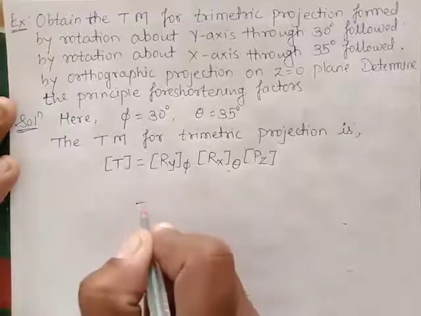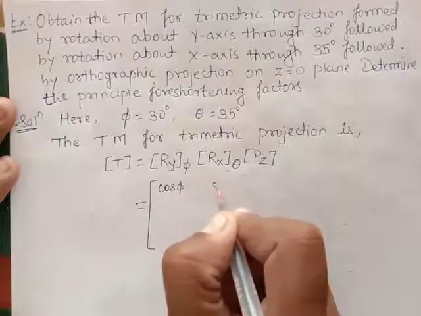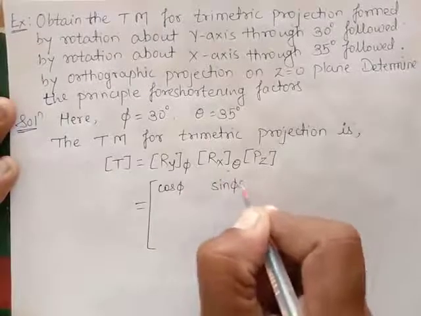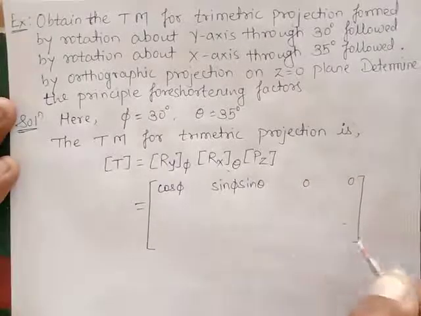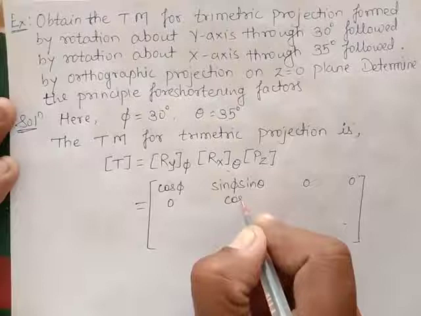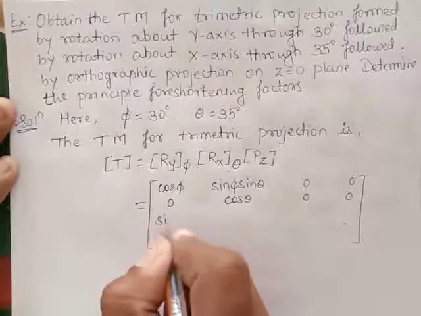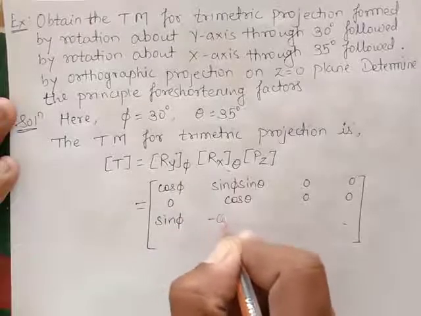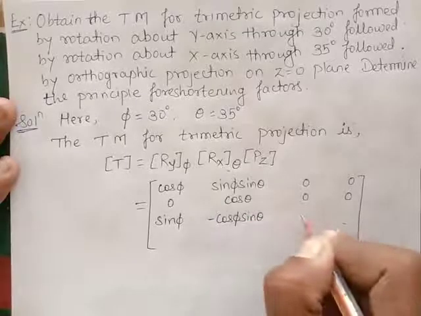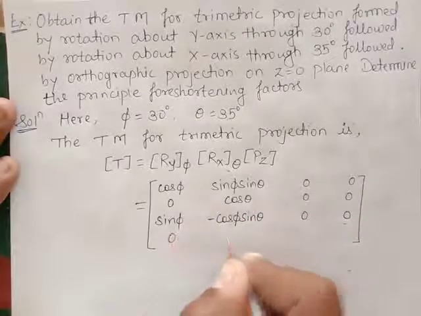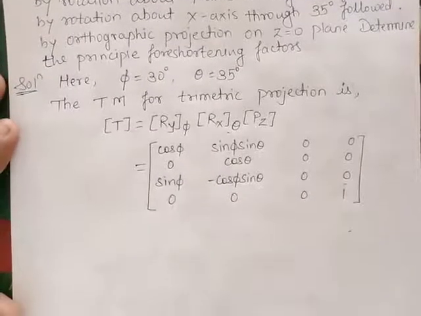We know that matrix is nothing but cos of phi, sin phi sin theta, 0, 0, 0 cos of theta, 0, 0, sin phi minus cos phi sin of theta, 0, 0, 0, 0, 0, 1. Yes, this is our matrix for trimetric projection.